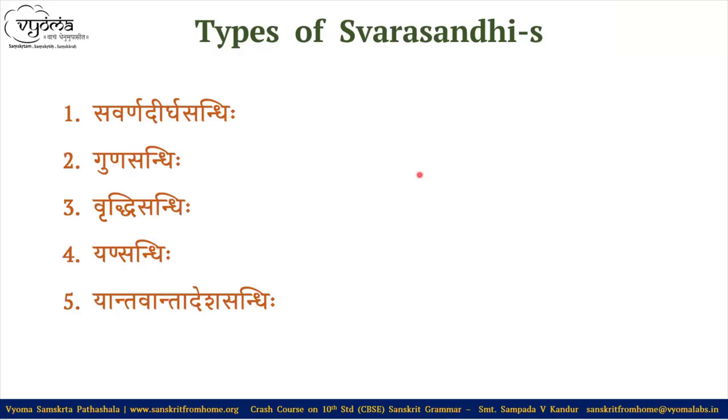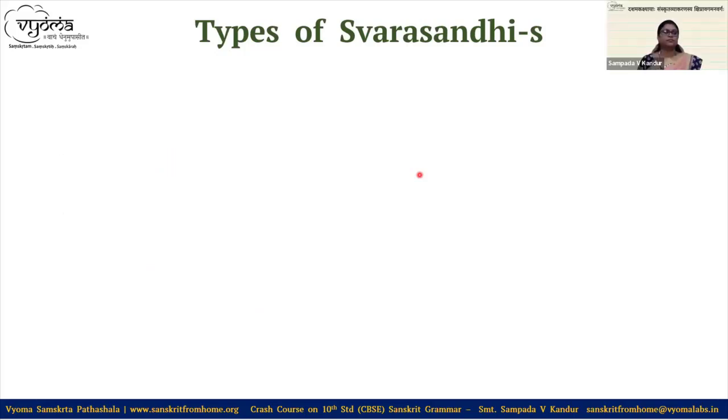Savarna dirgha sandhi, guna sandhi, vridhi sandhi, yan sandhi, and yantavanta sandhi. Now tell. Savarna dirgha sandhi, guna sandhi, vridhi sandhi, yan sandhi, and yantavanta sandhi. Very good, excellent.